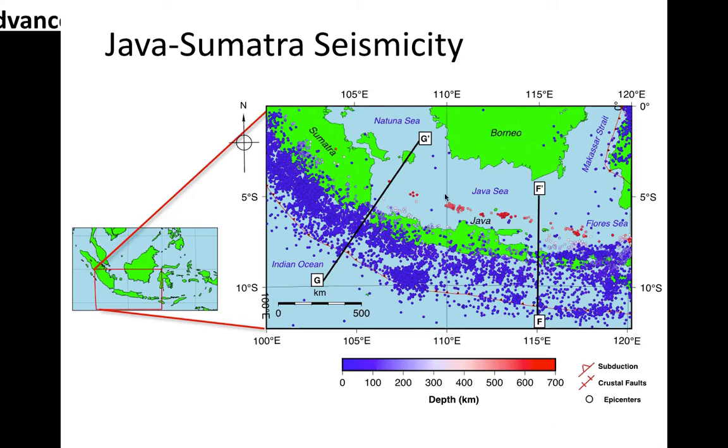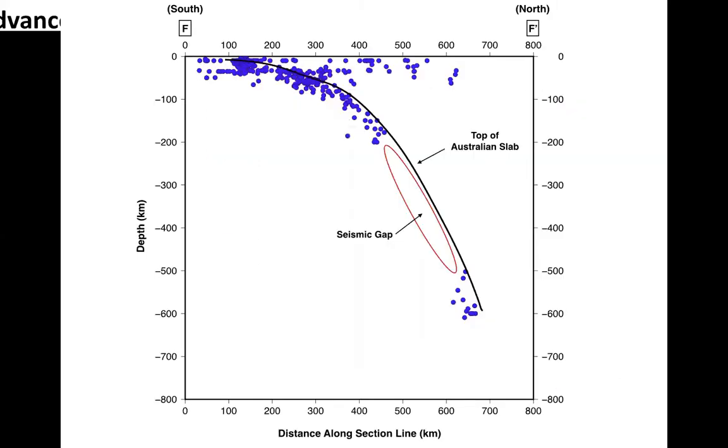So if we view this in cross-section, starting with cross-section F to F prime through Bali, looking into eastern Java, what we can see is a very well-developed Wadati-Benioff zone to about 200 kilometers. Then there's a very large seismic gap of about 300 kilometers, where seismicity picks up again at around 500 kilometers.